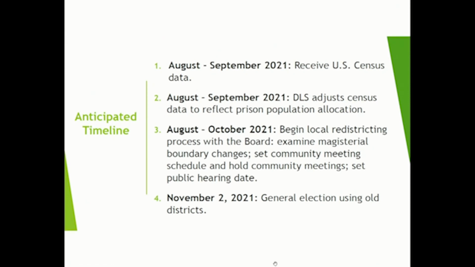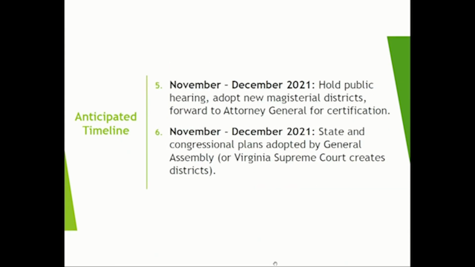We can set public hearing dates, and the thought right now is that in November to December, we should be in a position to hold a public hearing on a redistricting plan. That will necessitate a lot of positive things happening, but I feel right now that we can get that done.